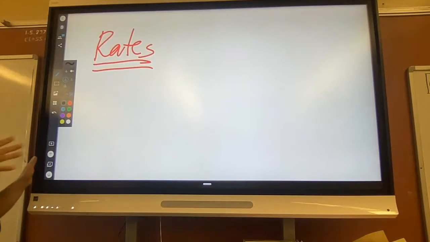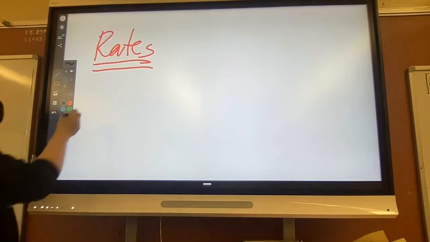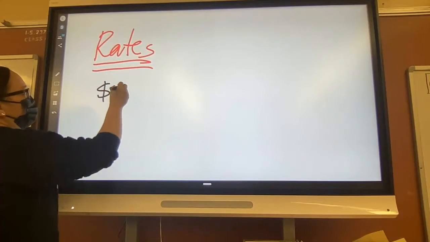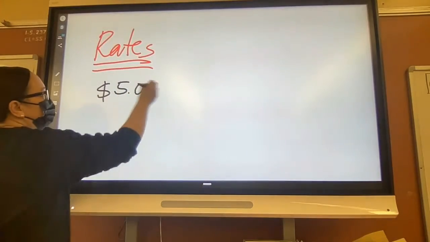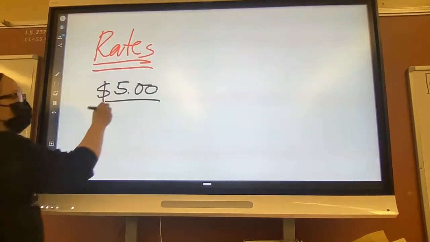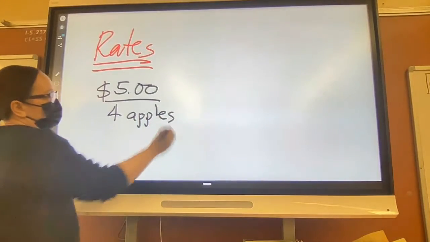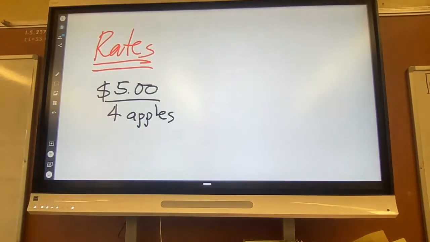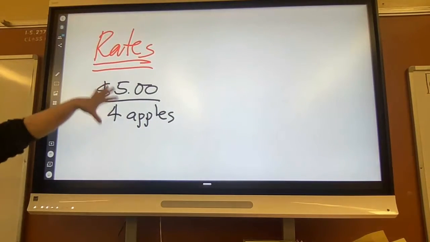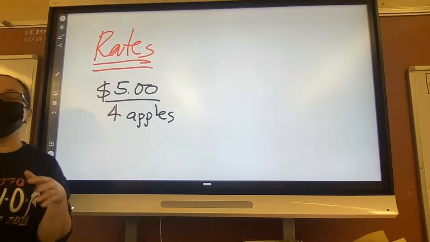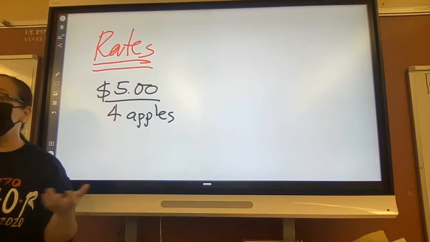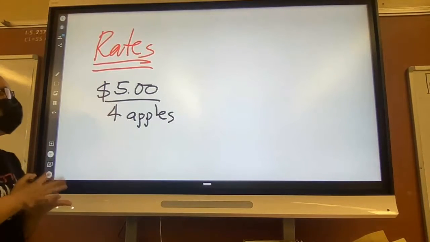So let's say I have a rate that says I spent $5 for 4 granny apples. There are times that you cannot split them. You cannot buy 4.5 apples.